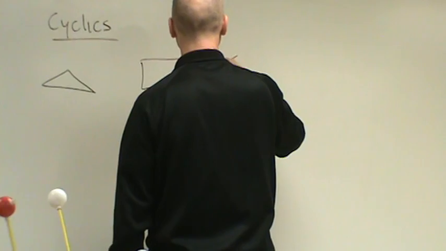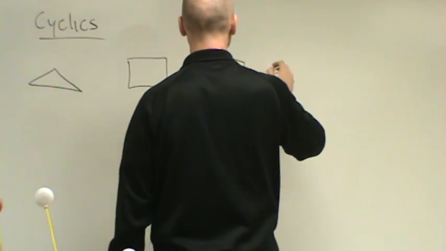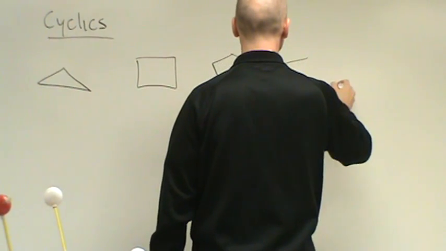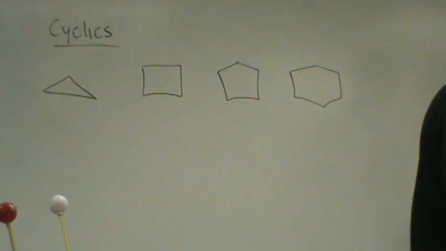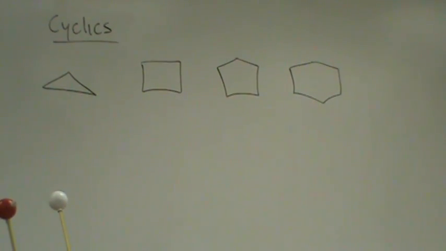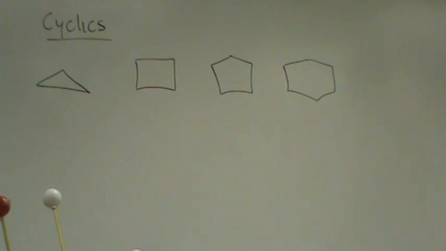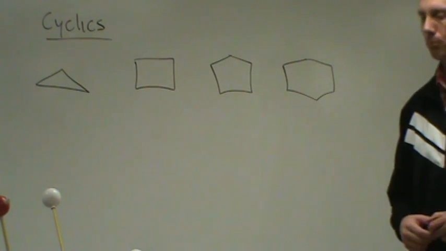Then 4, 5, 6, and so on. So we want to first of all look at how do we name these rings. These are very easy to name.